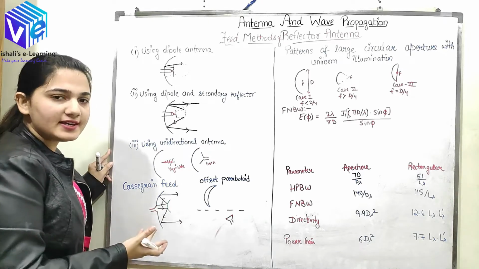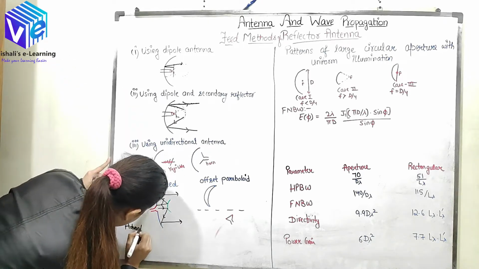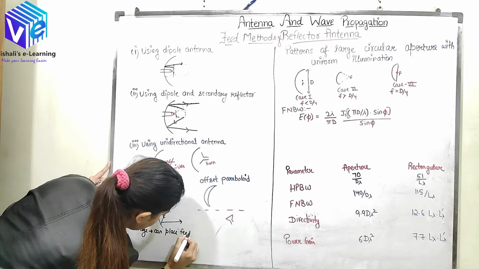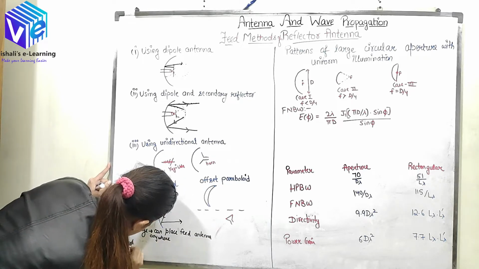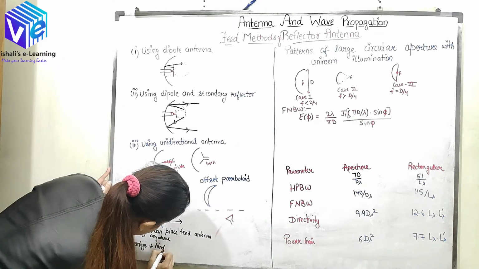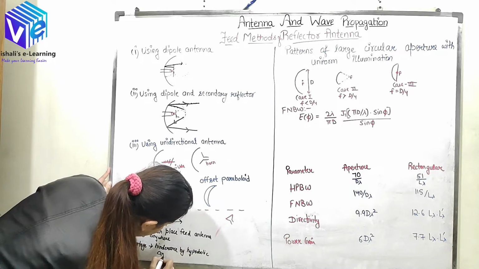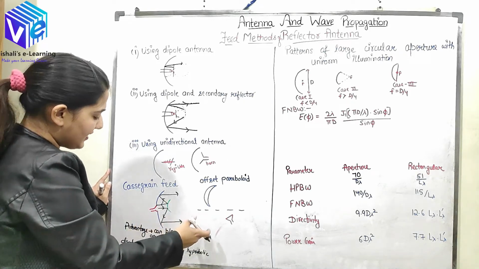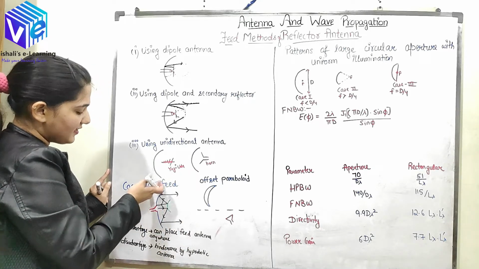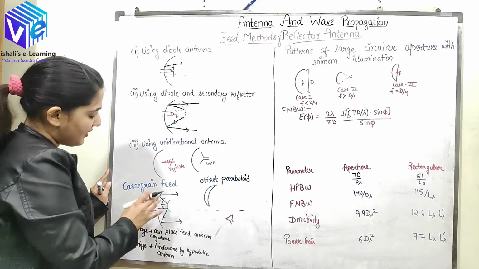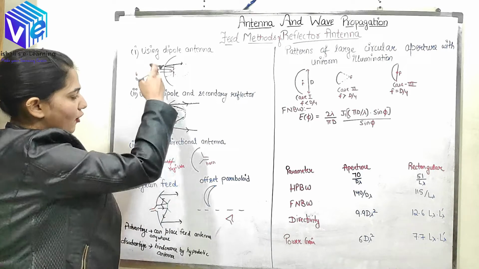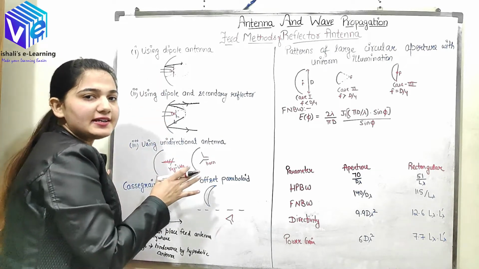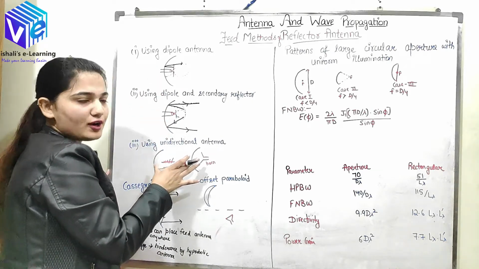Now it has various advantages. It has the advantage that it can place the feed antenna anywhere. I can place my feed antenna anywhere in this configuration, but in all of these configurations my feed antenna was placed at the focus only.